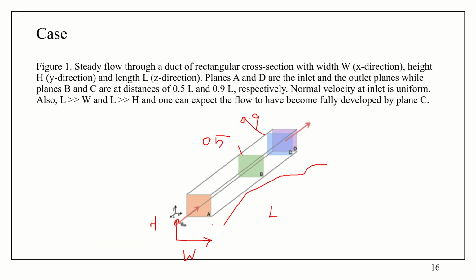Normal velocity at inlet is uniform and length is very much larger than width and height. So by plane C, flow should be fully developed flow. Right. So this is the question.